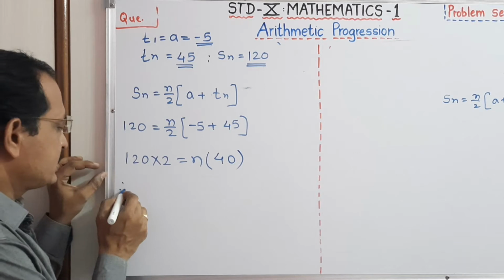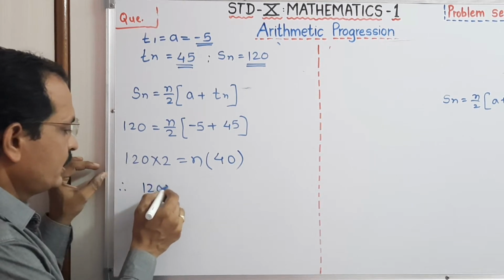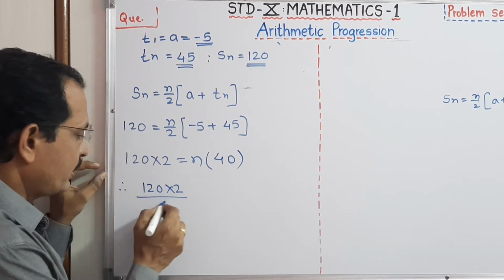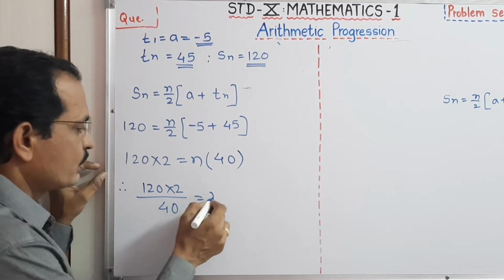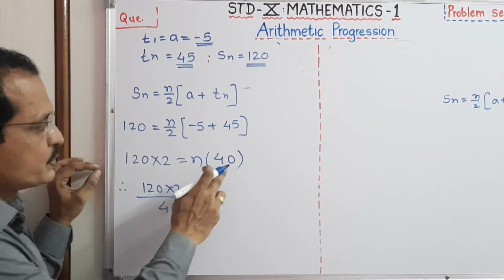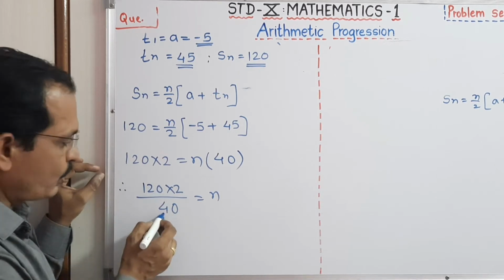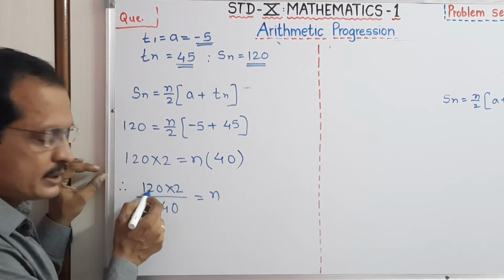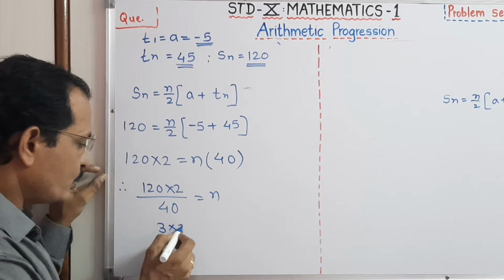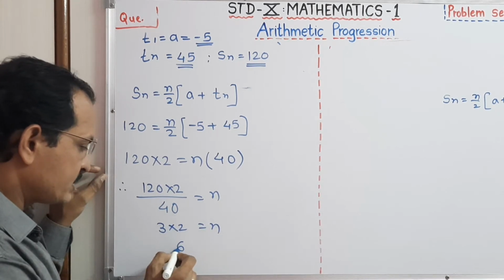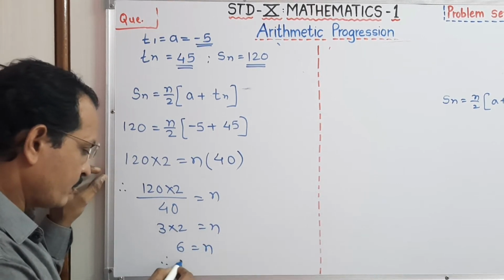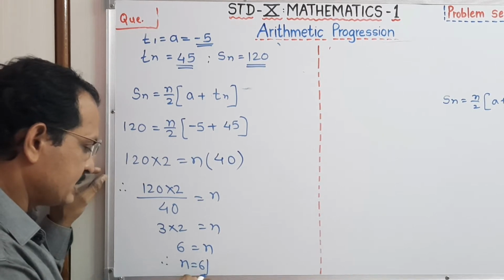Now 120 into 2 divided by 40 is equal to n. This 40 we take on this side. The 0 gets cancelled. 4 ones are 4, 4 threes are 12. Therefore 3 into 2 is equal to n, so 6 is equal to n. Therefore n is equal to 6.